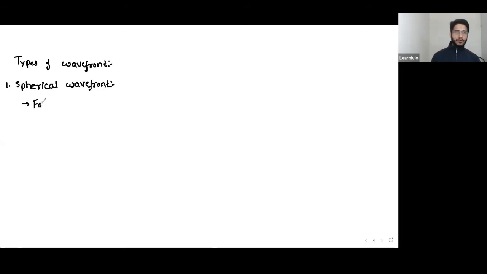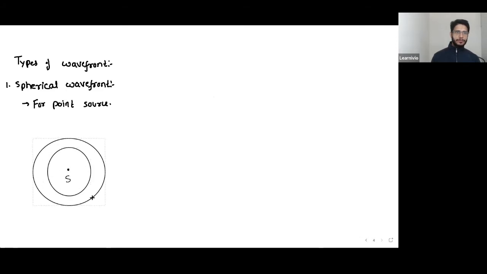So spherical wavefronts are for a point source. This is your light source. Points at equal distance from the light source will make this spherical wavefront. So this is the first wavefront, this is the second wavefront.